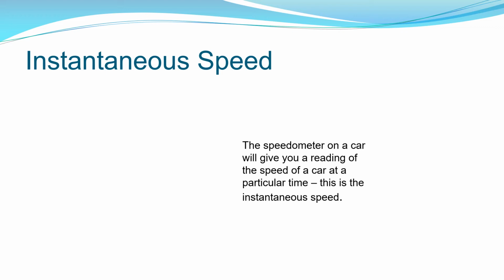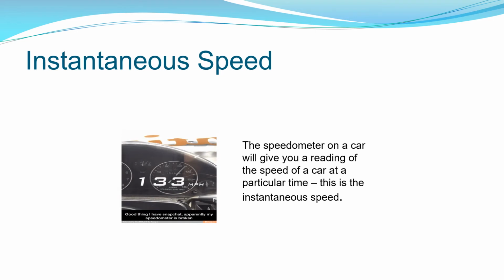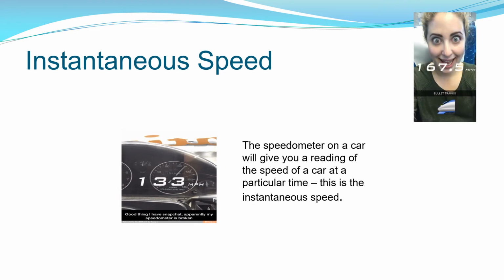If you brake, the speedo goes down because your speed is slowing down in that particular time. Okay? So yes, examples of instantaneous speed. Okay, bullet train up there. You're at that instant going 165.5 miles per hour. You're probably not going that speed the whole time.